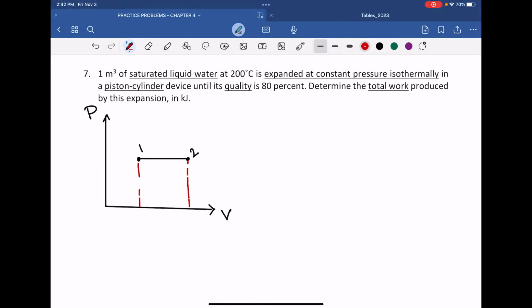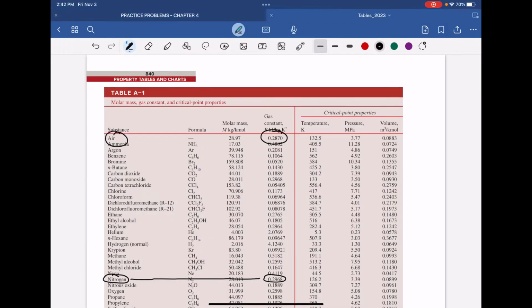Since this is a constant pressure process, we just need one value for the pressure, because P1 is equal to P2, and this should be the saturation pressure at 200 degrees Celsius, because the only way to have a saturated liquid at that temperature is when you are at the saturation pressure.